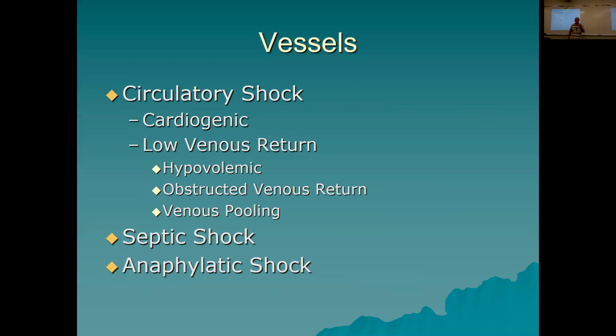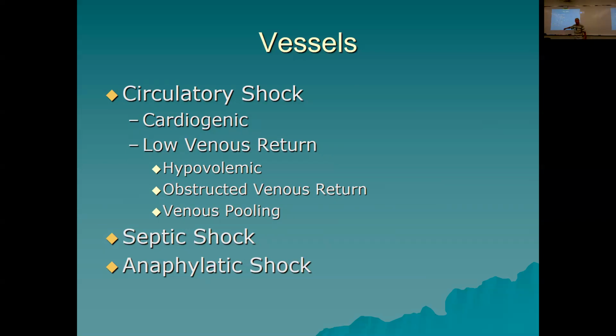And you have obstructive venous return or venous pooling. Septic shock is infection over your body. Sepsis causes inflammation over your body, and this opens up blood vessels all over the body, and blood pressure drops, and you will lose perfusion. Anaphylactic shock is the same thing. It's an immune response, but it's due to allergens.